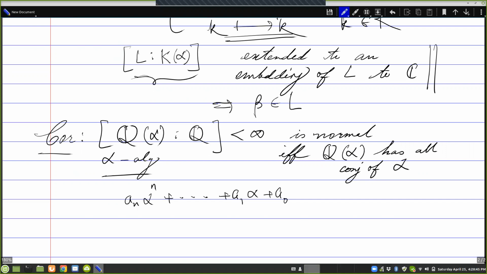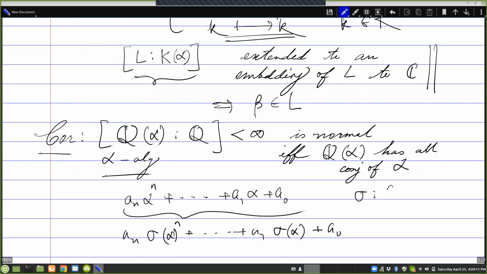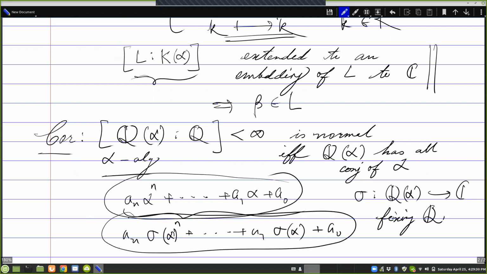Then you apply a sigma on this thing that fixes Q, and what you get is a_n sigma(alpha) to the power n plus and so on, where sigma is an embedding of Q(alpha) inside C fixing Q. Since, if you assume this extension is normal, this belongs to Q(alpha), so this also has to be in Q(alpha).